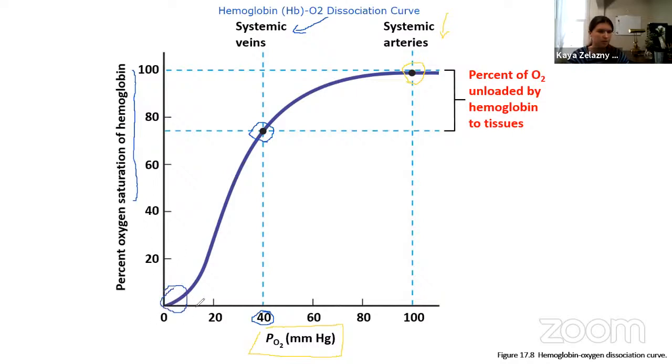But a cool thing that's true about the relationship between hemoglobin and oxygen is that as soon as you have a molecule of oxygen bound into that first spot on your hemoglobin, it actually makes that hemoglobin suck up more oxygen. It increases the affinity of hemoglobin for oxygen. So that's the reason for this rapid rise.